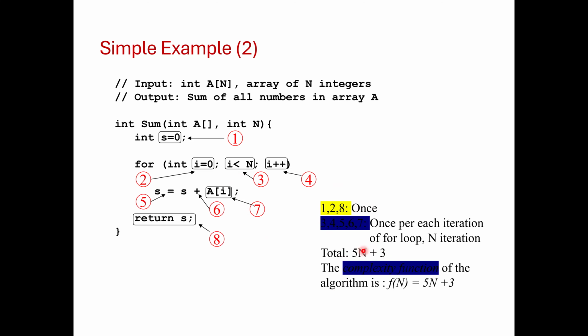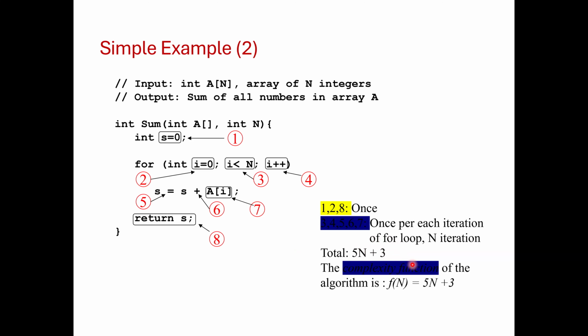Once. So 5N plus 3 here is representing these 5 operations, 3, 4, 5, 6, and 7, executing N times, so 5 times N, plus these 3 operations, that is 1, 2, and 8 up here. So the total number of operations for this algorithm we are going to say is 5N plus what? 3. Am I making sense?